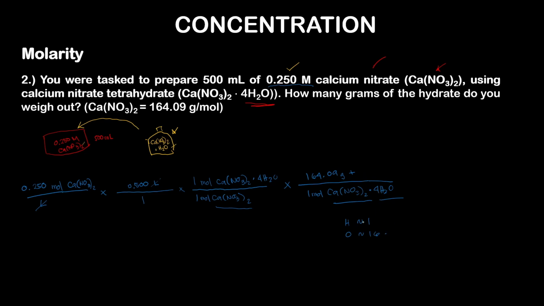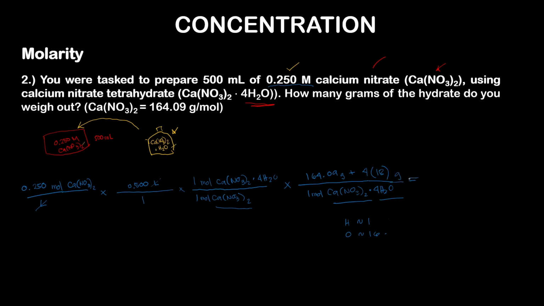So we can say that water, H2O, is 2 times 1, that would be 2, plus 16, that would be 18. Okay. So 1 water is 18. So 4 times 18, because this is 4. So that's water.